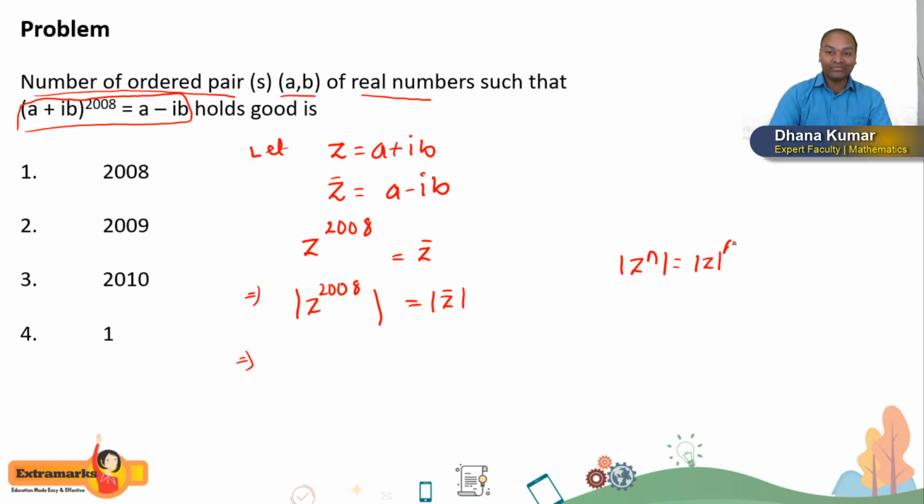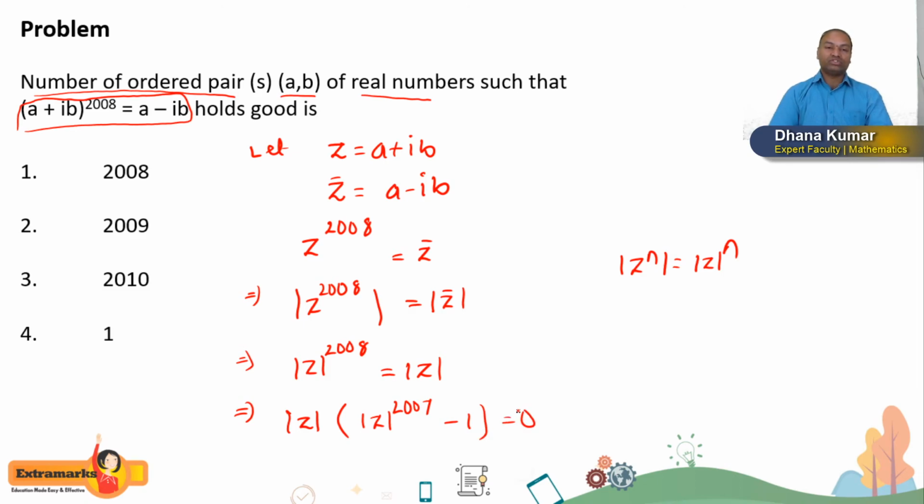Mod z power n, n outside, right? So mod z power 2008 is equal to mod z bar, or mod z, same only. Correct na? Right. Mod z, shift this side and take mod z common. Remaining will be what? Mod z into (mod z power 2007 minus 1) is equal to 0.